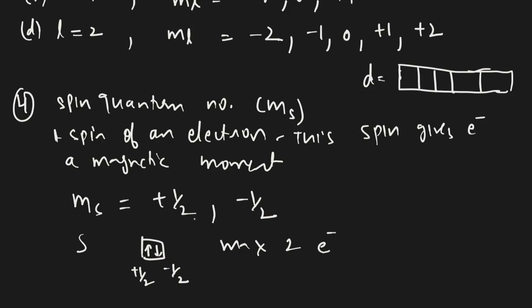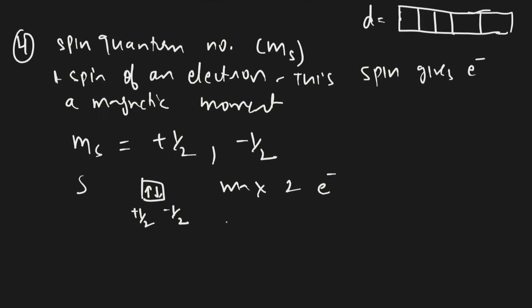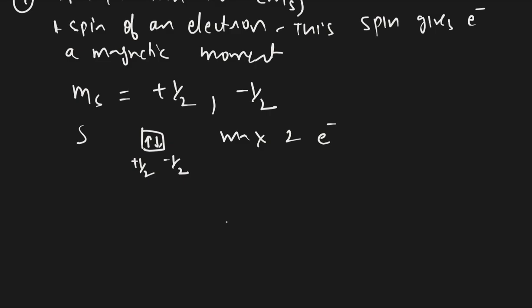All right, so these are the 4 quantum numbers that you need to know before we move to the main topic of filling of the electrons in an electronic configuration. Okay, so let's just do a numerical based on one example. For example, you have 1s.